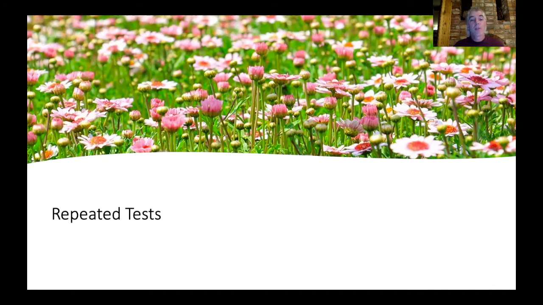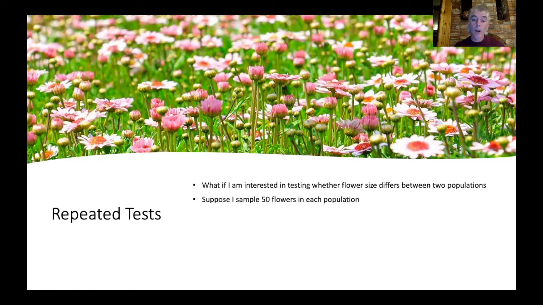One situation where we would need to use an alpha that was different than 0.05 is when we perform multiple statistical tests of the same biological hypothesis. So let's say we were interested in testing the biological hypothesis that flower size differs between two populations. We go out and we measure 50 flowers in each of those populations.